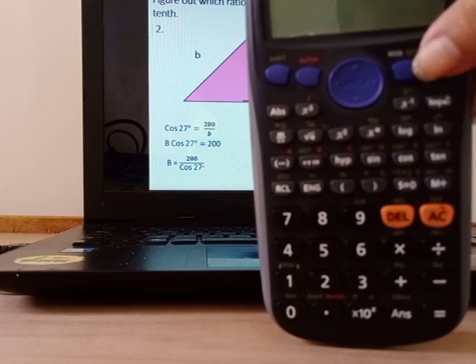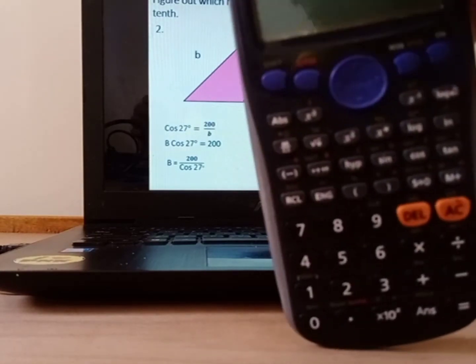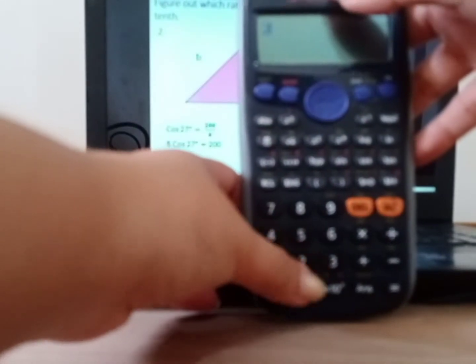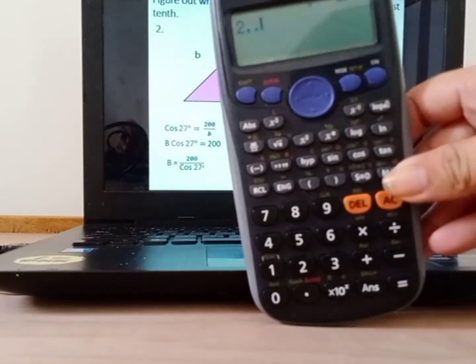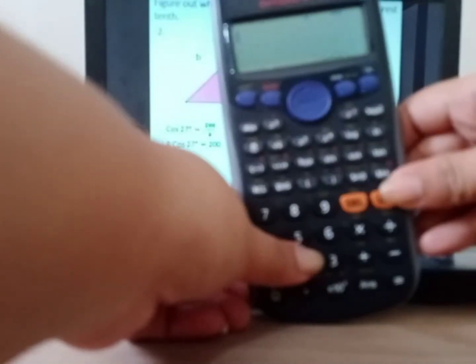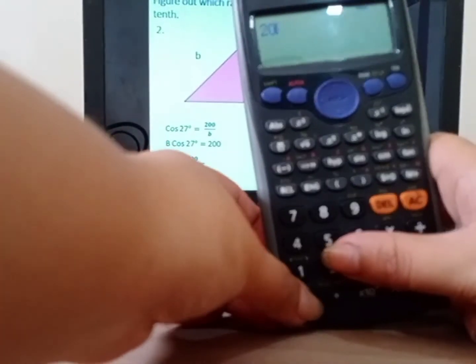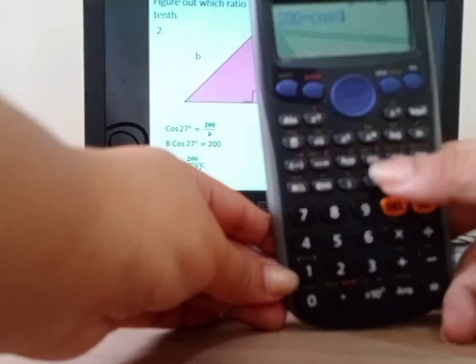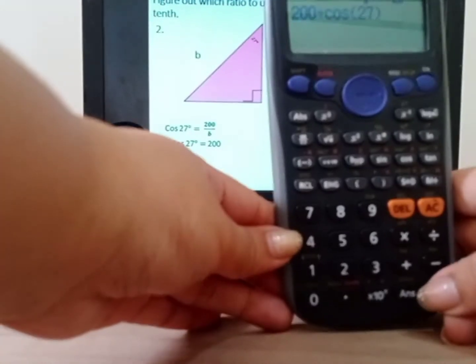You just simply press the 200, divide, cosine 27, and then close parentheses.